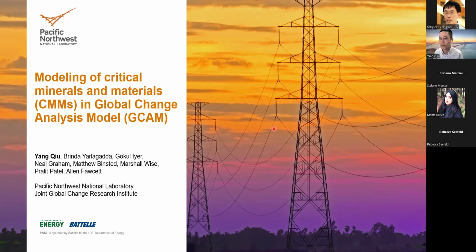Okay, great. So it's great to circle back to this industrial ecology community, because I did my PhD in this area, and I did a lot of LCA and MFA work during my PhD. Now my work has shifted more towards integrated assessment modeling.